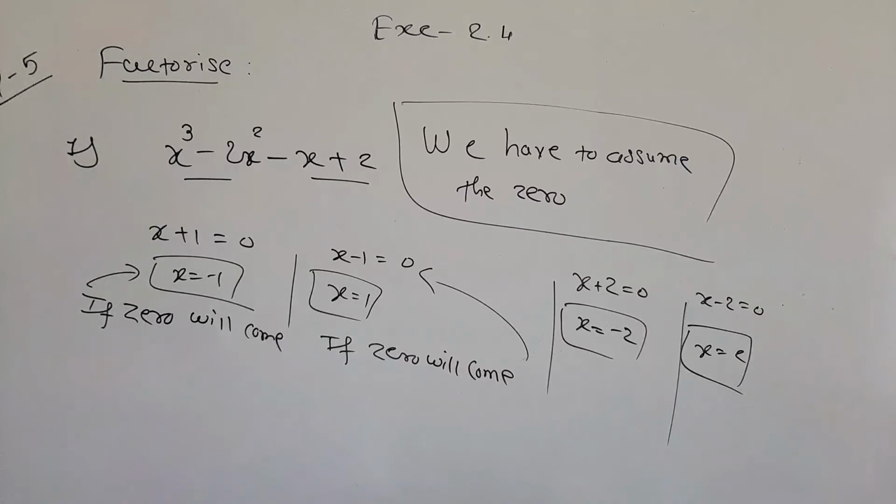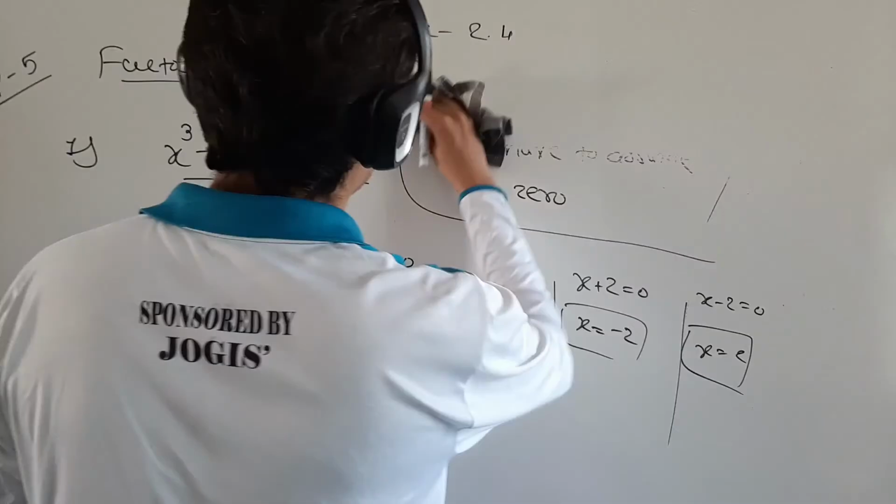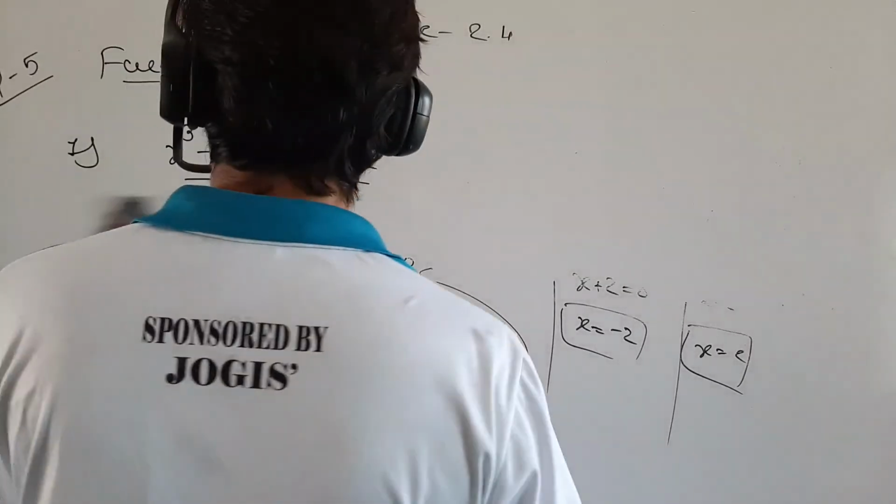Divyaraj Ahir, you are talking about the fifth question, not the first question, so your answer is wrong. Your answer can be true for that one. So in short, you have to just assume the 0. So here we are going to assume 0.